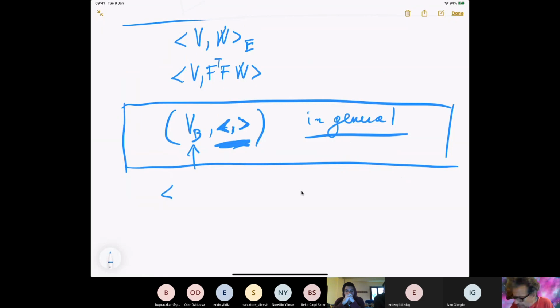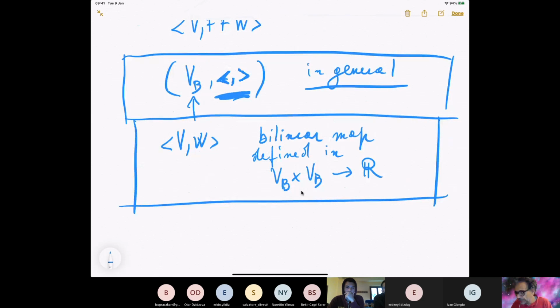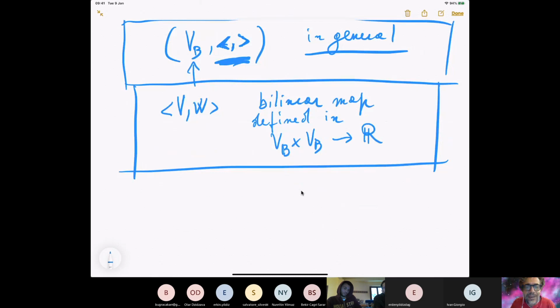An inner product is a particular tensor, because the inner product is a bilinear map defined in V Cartesian V, having values in R. So I hope that now you are as excited as I was when, being a student, I understood this thing.